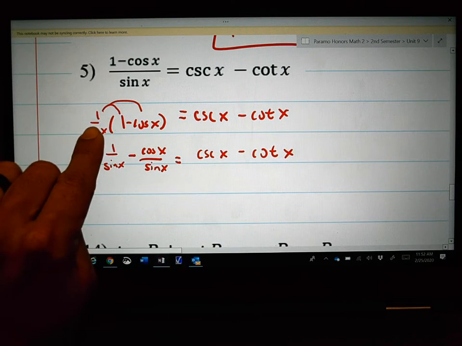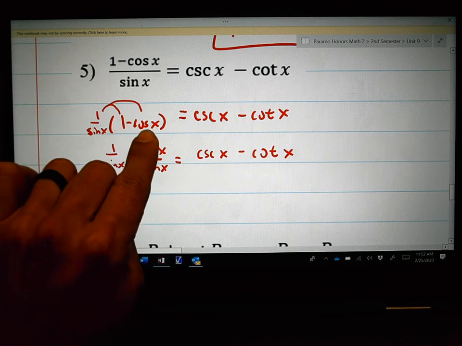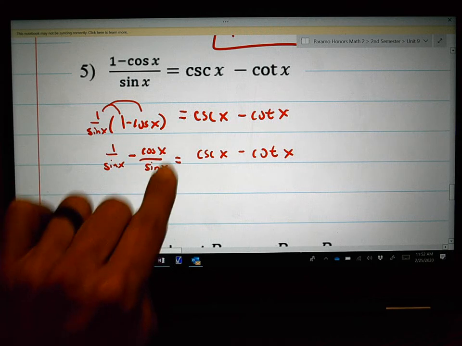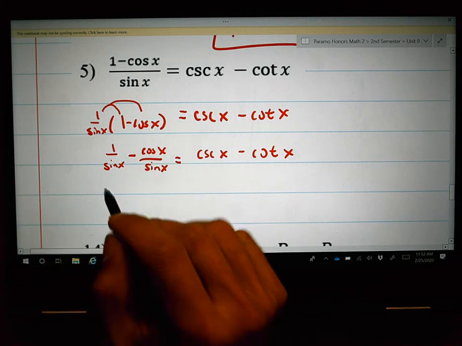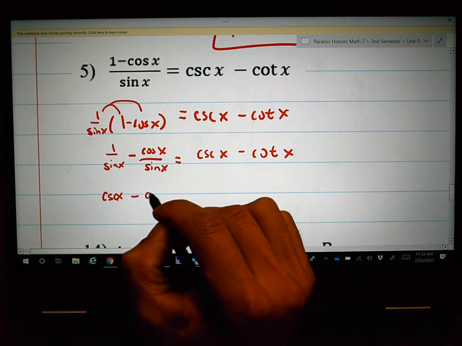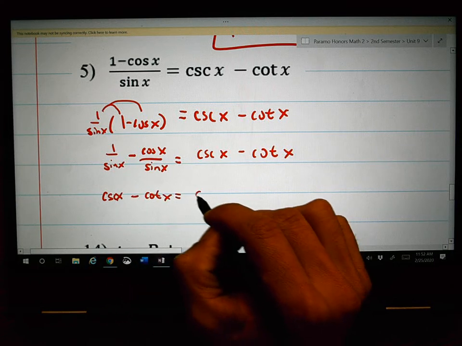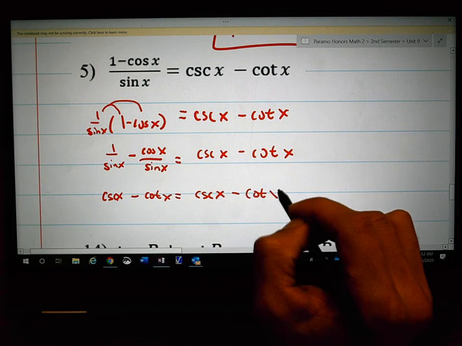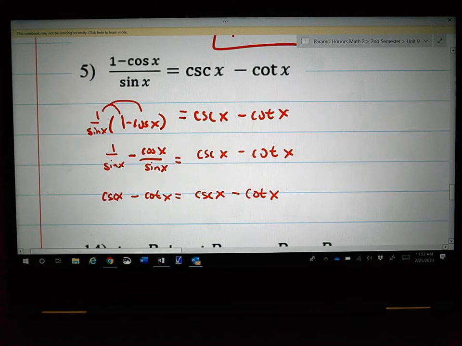By taking the 1 over sine of x and putting it over here, you have a negative cosine on top and a sine on bottom, and I know what that's equal to. Have I made the left side equal to the right side? Yes.